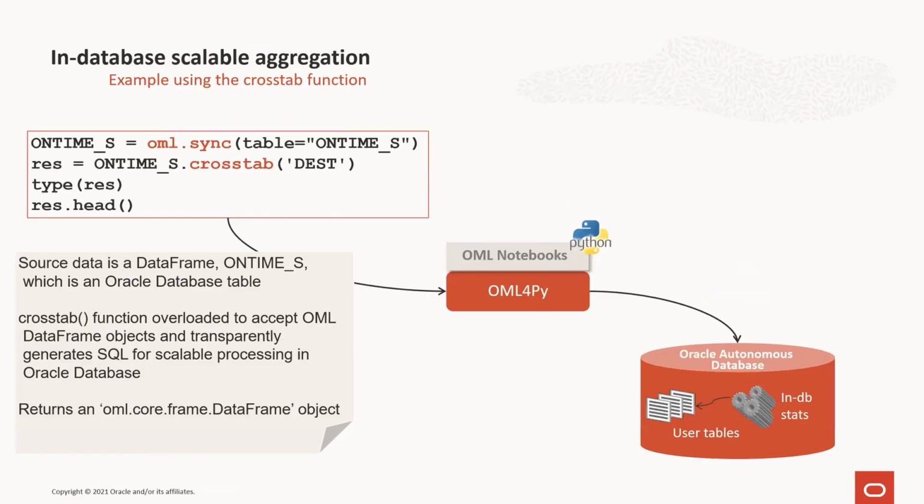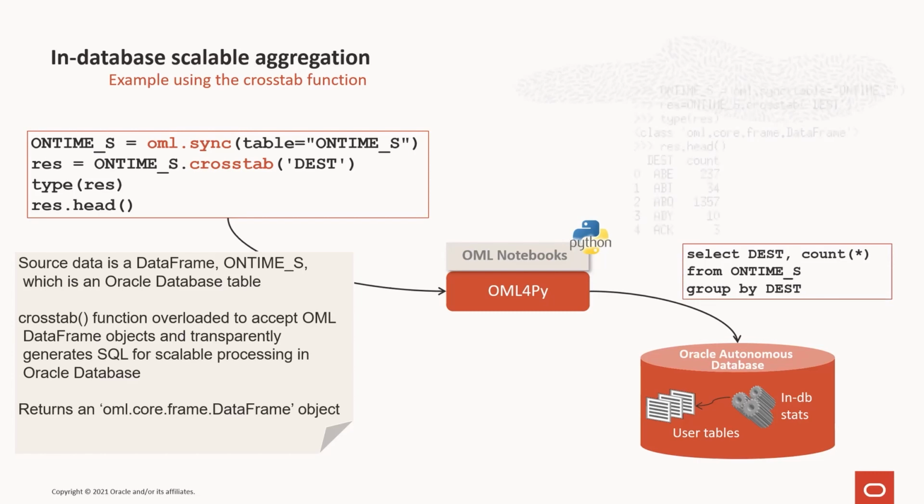This example shows the use of in-database scalable aggregation using the overloaded crosstab function. We first get our proxy object to a table called onTimeS, and then ask to count the distinct values in the destination column. This request effectively gets translated into a SQL query with a group by clause on the dest column.